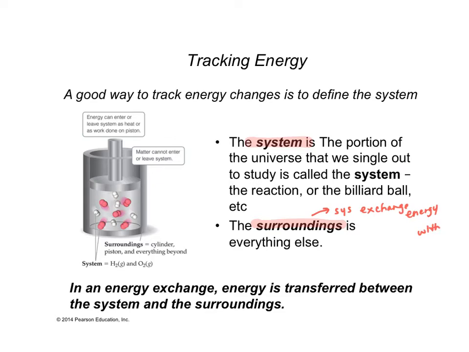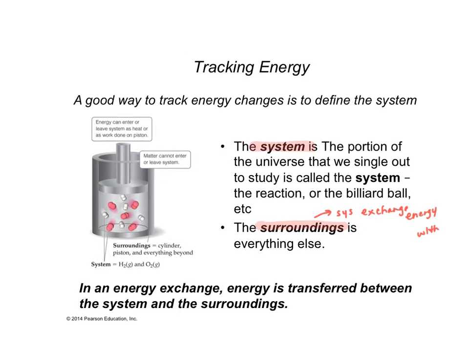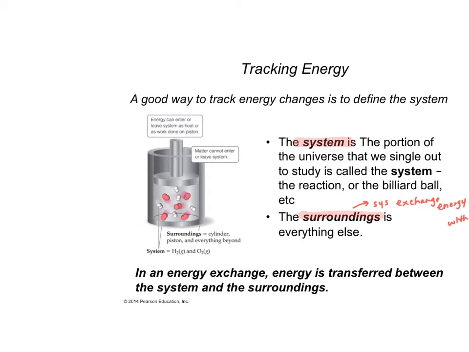Okay, so a couple different types of systems. One type of system is what we call an open system. So in an open system, we can exchange both energy as well as mass with the surroundings.